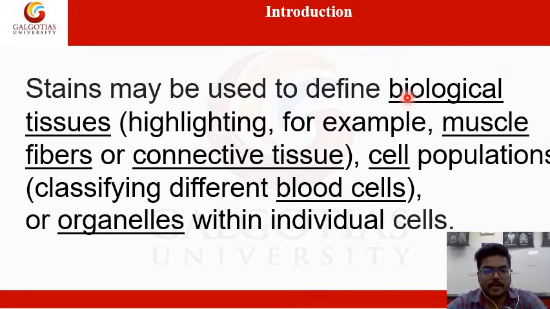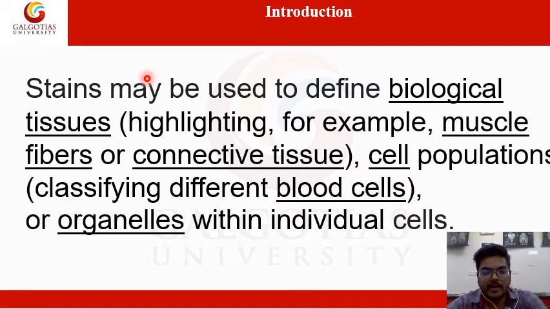Introduction. Stains may be used to define biological tissues, highlighting, for example, muscle fiber, connective tissue, cell populations, classifying different blood cells or organelles within an individual cell. It means this is why we are using stain. Stains are used for biological tissues. In our body we have biological tissues.